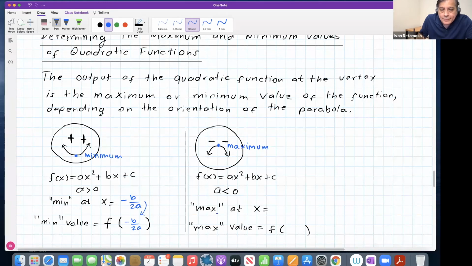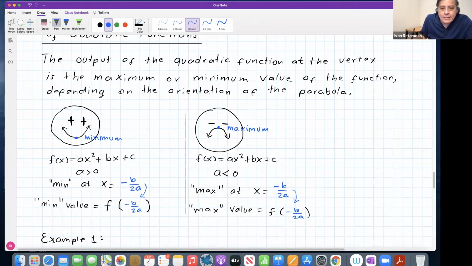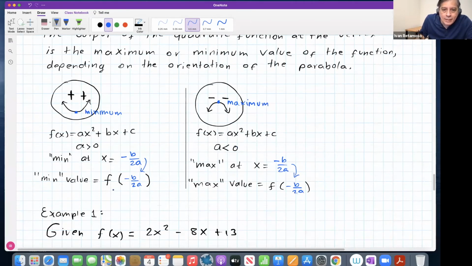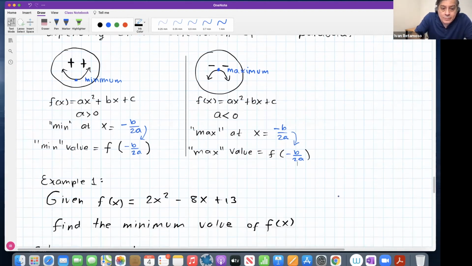Similarly here, the maximum will occur at x equal to -b over 2a, because it happens right at the vertex. And the maximum value will be the evaluation of your quadratic function at -b over 2a, okay? So this gives us a way to maximize or minimize our quadratic functions, right? Using these formulas. Let me show you an example of how you should do this.